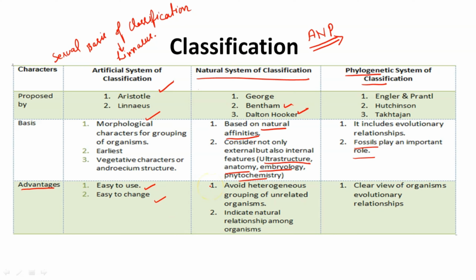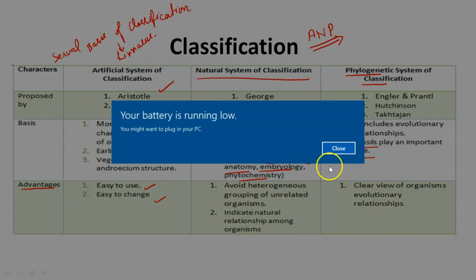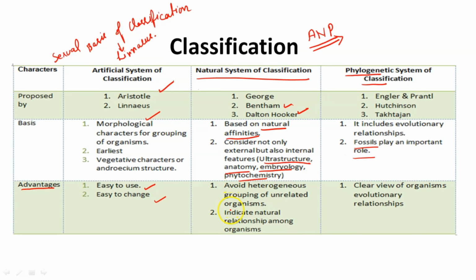Now when we talk about the advantages of the phylogenetic system of classification, we can see it avoids heterogeneous grouping of unrelated organisms, right? And the other one is it indicates natural relationship among organisms, okay? Now come to the advantages of the phylogenetic system of classification.